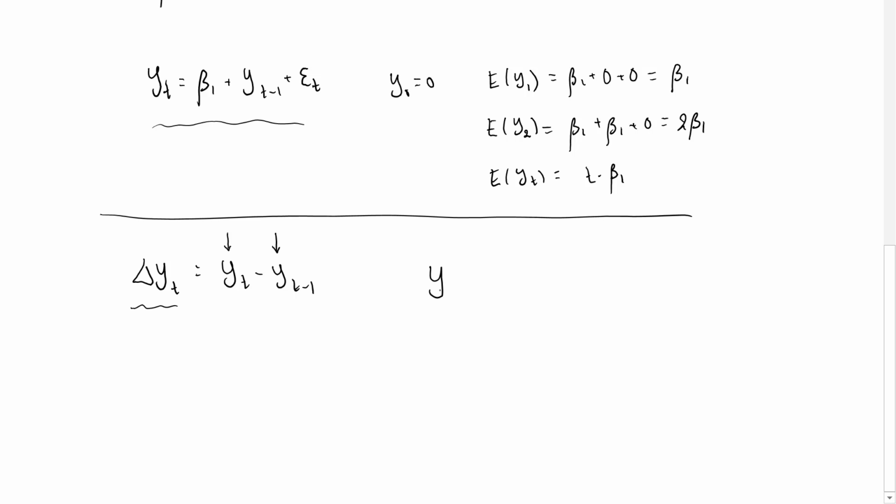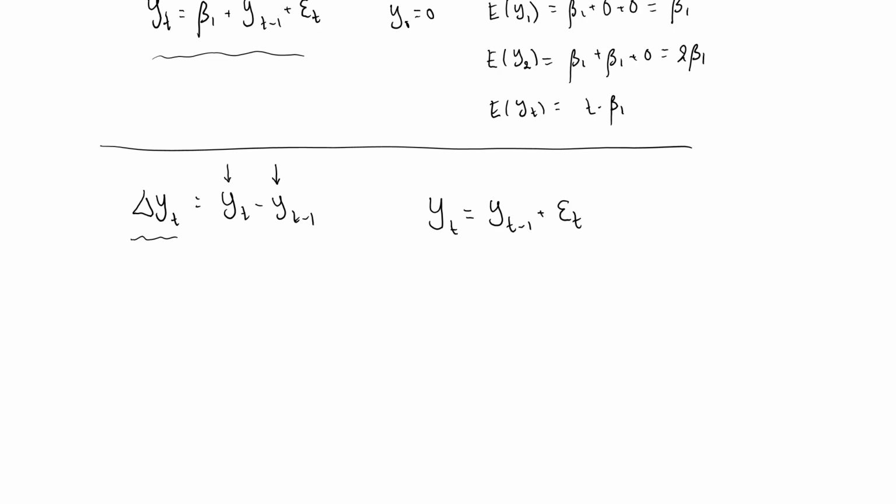So consider, for example, the pure random walk, the one without the drift, in which yt is equal to yt minus 1 plus epsilon t. We know that this is a non-stationary process because it has a unit root. However, by just moving this on the other side, we see that yt minus yt minus 1 is epsilon t.